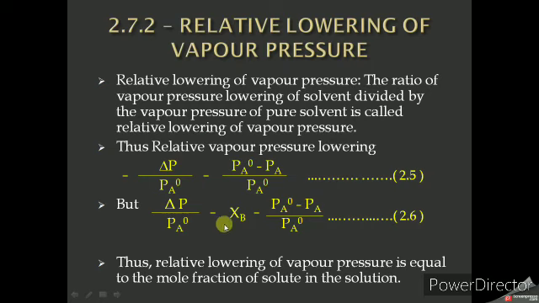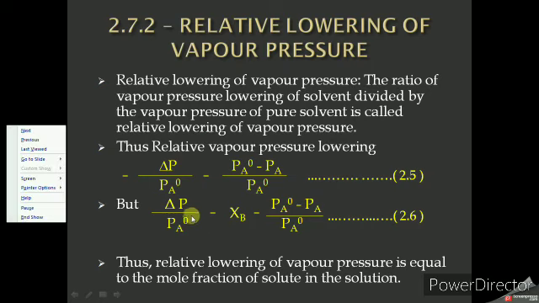Here we write it as equal to Xb, so the relative lowering of pressure is equal to the mole fraction of the solute, and it can also be written as Pa0 minus Pa divided by Pa0, which is equal to delta P over Pa0. So remember this equation while solving problems based on relative lowering of vapor pressure.